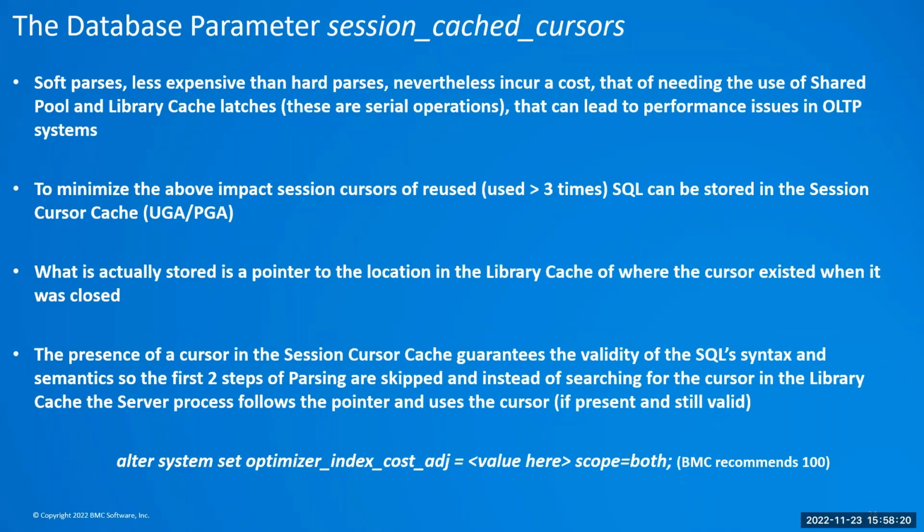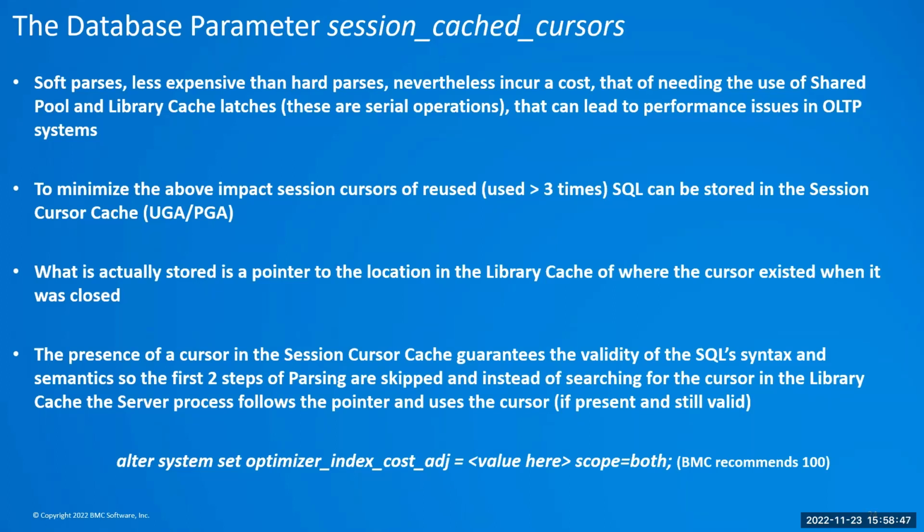So basically, if you set session cached cursors to 100, even a soft parse gets eliminated, because if that SQL is still in memory and it's been executed more than 3 times, the SQL is there in the library cache, but what is stored is a pointer to the SQL, and the soft parse is also eliminated.